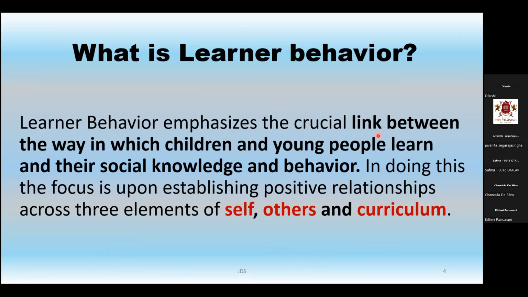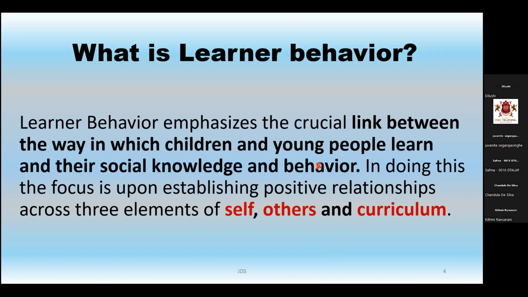See, it's termed as the link between the way in which children or young people learn and their social knowledge and behavior. So learner behavior has something to do with the social knowledge of the particular person, as well as their behavior, how they learn. When it comes to the classroom scenario, we identify learner behavior in terms of learning.